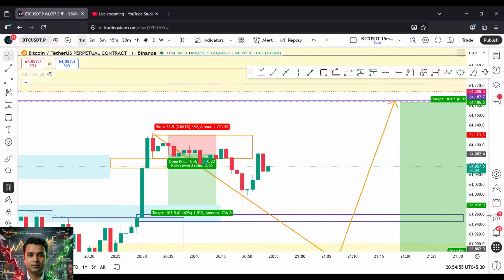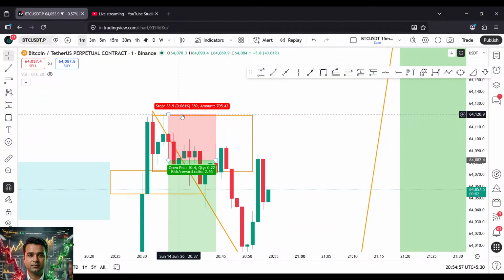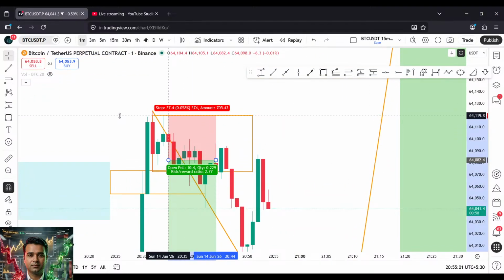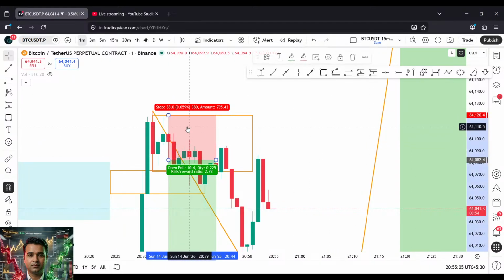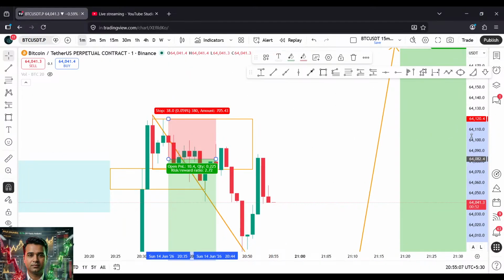And if we optimize a bit, it will become like this, 1:72.